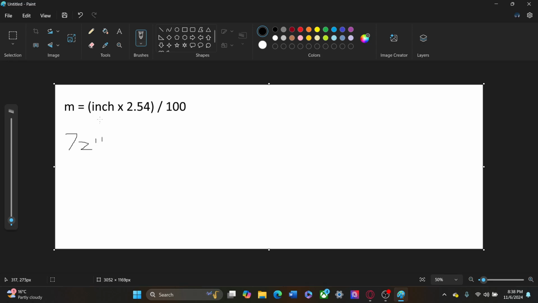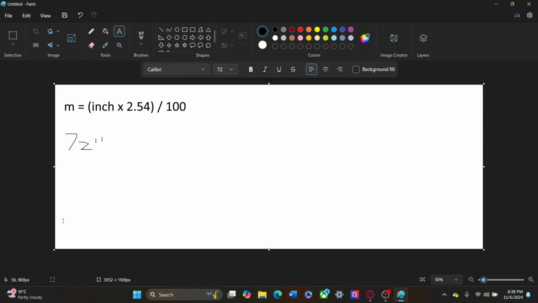So first, we're going to just do our normal thing, right? Meters, right? Instead of centimeters this time. So that means that first we have to find our inch, but we know our inch, which is 72. Let me make this a little bit easier to see.